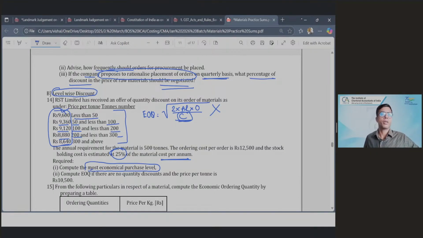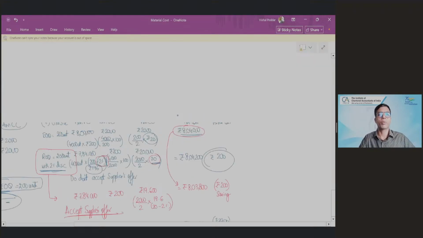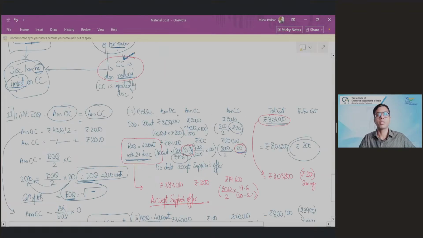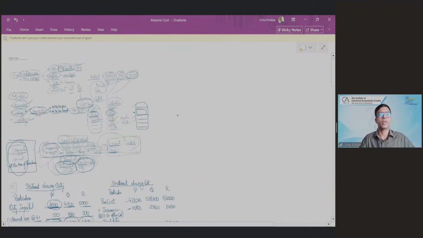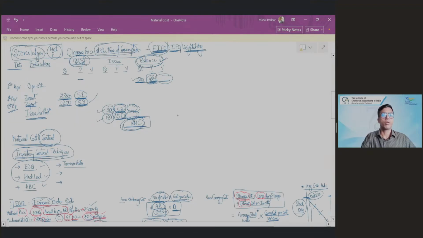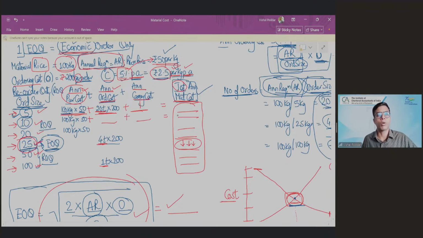This is where, for such level-wise discount sums, you should go back to our trial and error approach. What is the trial and error approach? See the original part of EOQ. What we did in original EOQ, we simply made this working for all possible options.